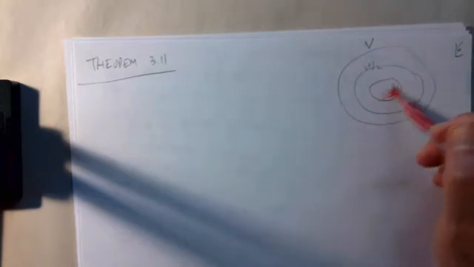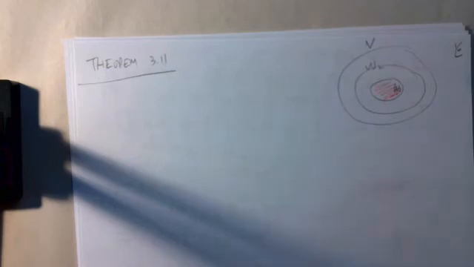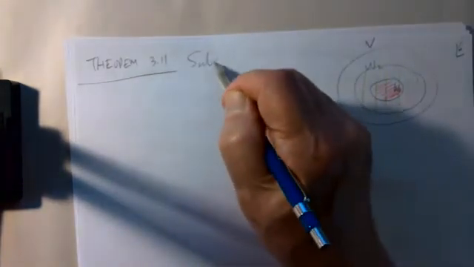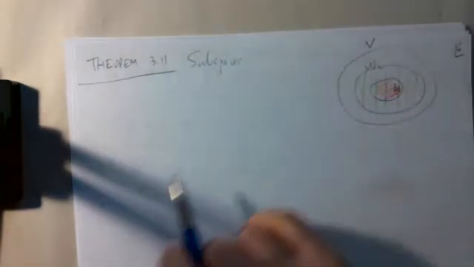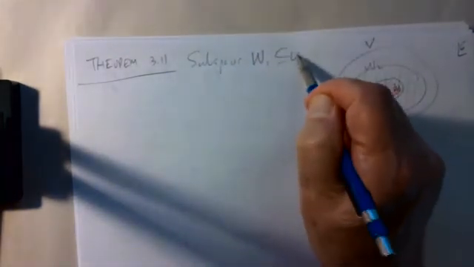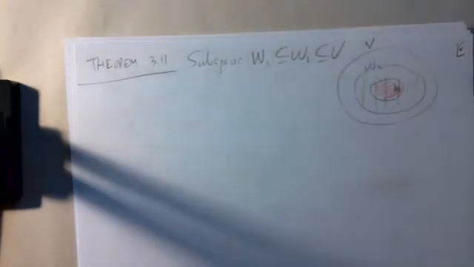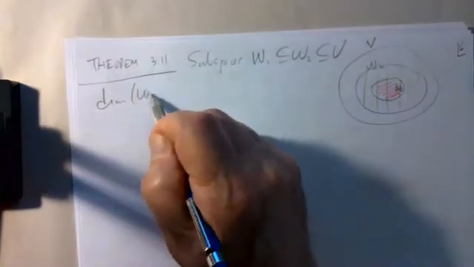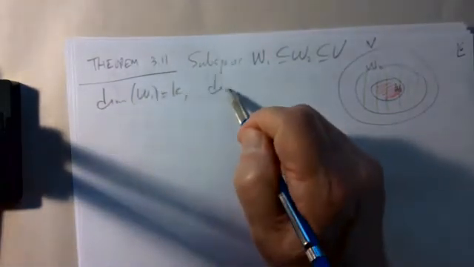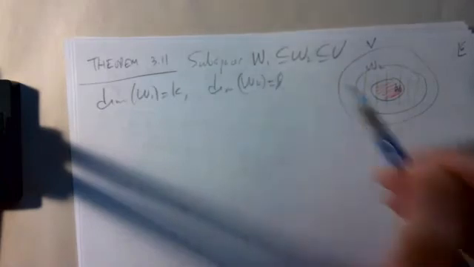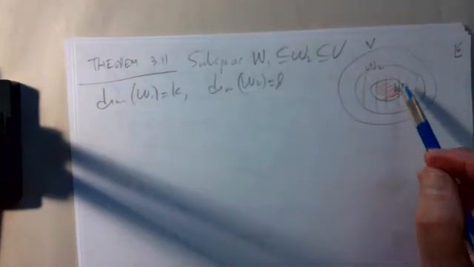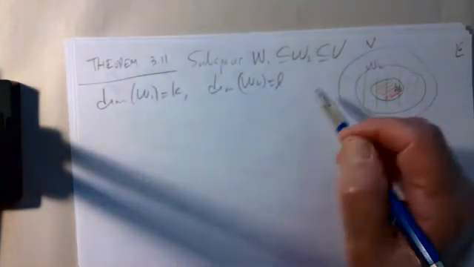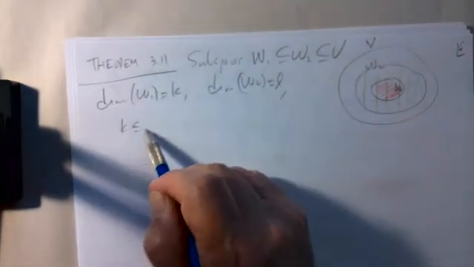So here we have W1, and W1 is contained in W2, and they're both contained in V. So we have subspaces W1 contained in W2 contained in V. And suppose the dimension of W1 is K, and the dimension of W2 is L. And because W1 is contained in W2, we know that K is less than or equal to L.